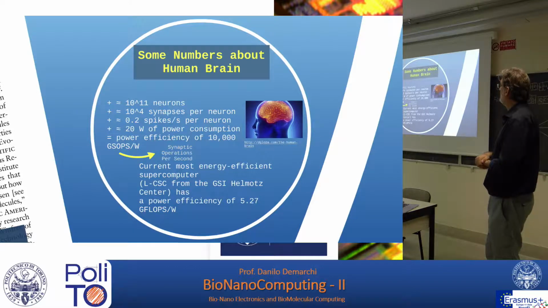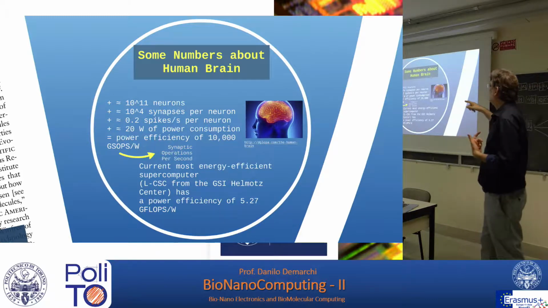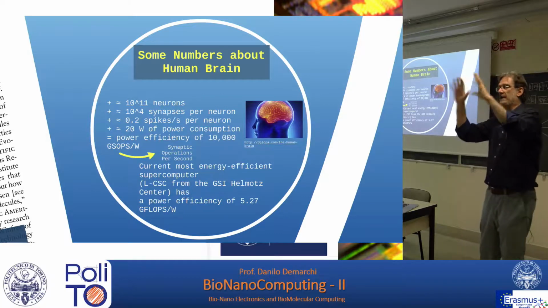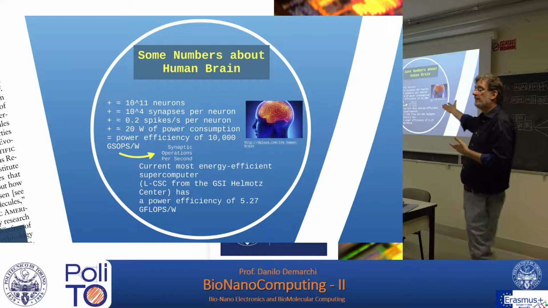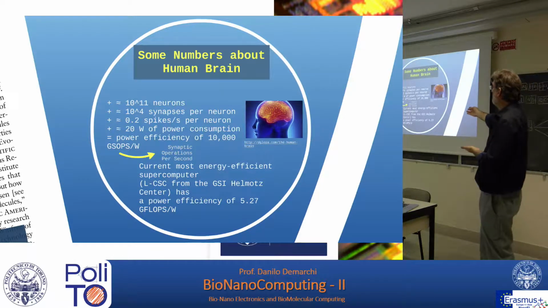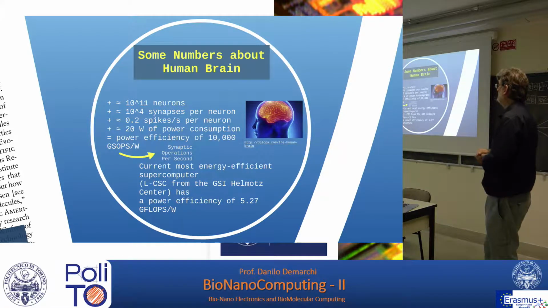And the power efficiency is 10 to 1,000. We can compare giga-synaptic operations per second, like a computer operation, just roughly. One very powerful computer nowadays has a power efficiency of 5.27 gigaflops per watt.